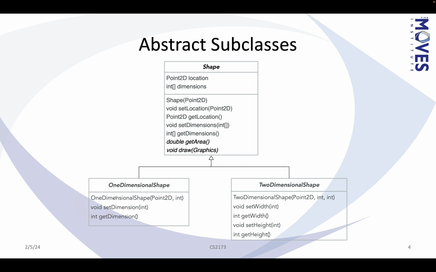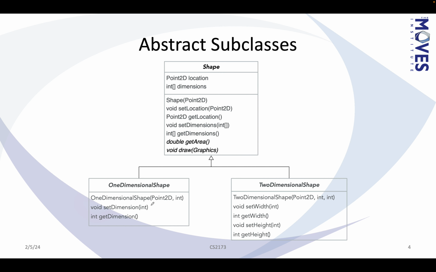For the constructor for one-dimensional shape, I need to give it a Point2D because the superclass constructor requires a Point2D. Otherwise, we get that weird error. I also need to say, all right, this is the dimension for that.